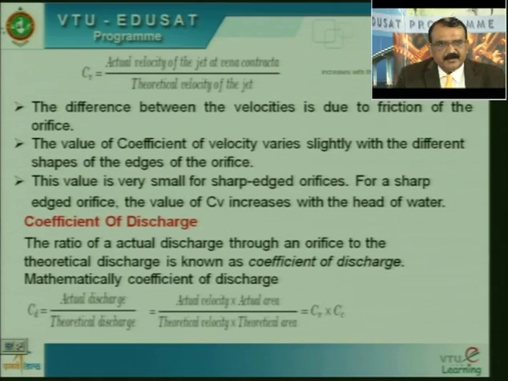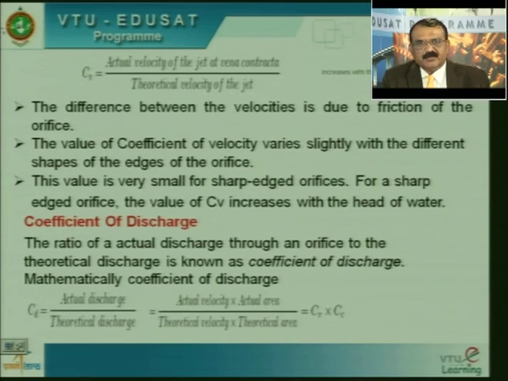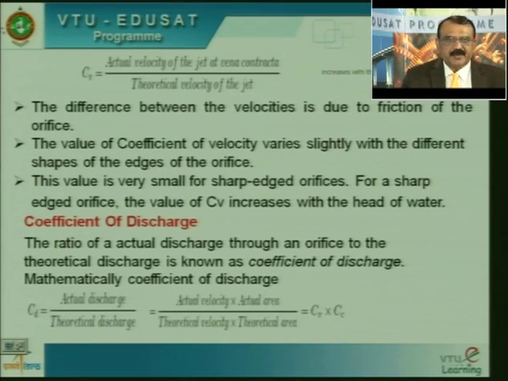Knowing these two values, CC can be easily determined. How are you going to find the CC? CC is equal to CD divided by CV. So in that aspect, this relation CD is equal to CV into CC helps a lot in getting the relation between the three hydraulic coefficients.